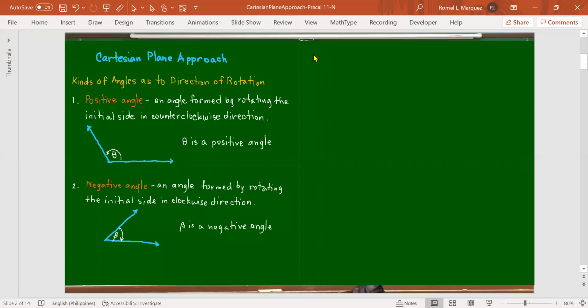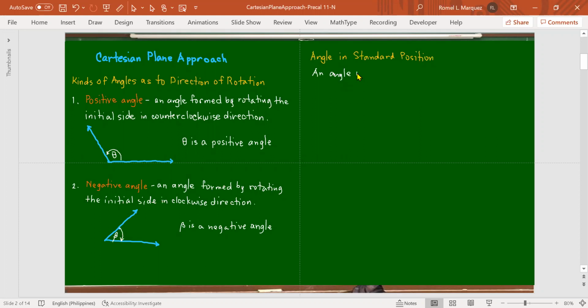So we have what we call an angle in standard position. When do we say that an angle is in standard position? To define an angle in standard position, we're going to make use of a Cartesian plane.